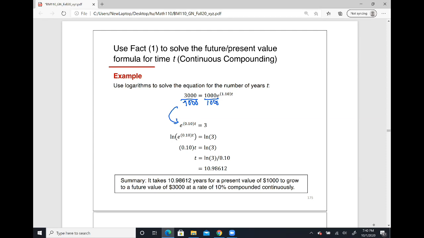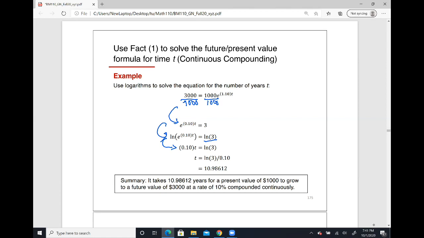Now you can just take the natural log of both sides, and then apply fact 1, the first property of the natural log. You will have just the power, 0.1t, equal to ln of 3. So t will be equal to ln 3 over 0.1, which equals 10.98612.